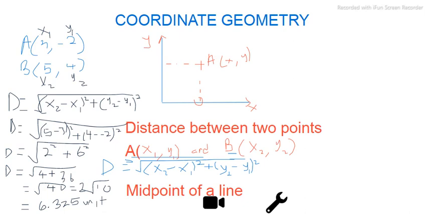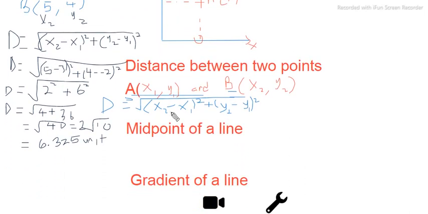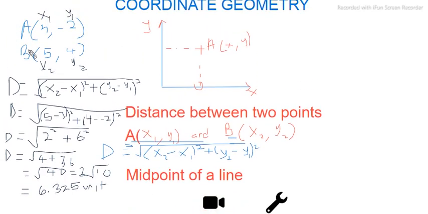Then the next thing is the midpoint of a line. When you have 2 points, just like we just did here, point A is 3 comma minus 2, point B is 5 comma 4. If you have a point and another point, we can draw a line that joins the points.